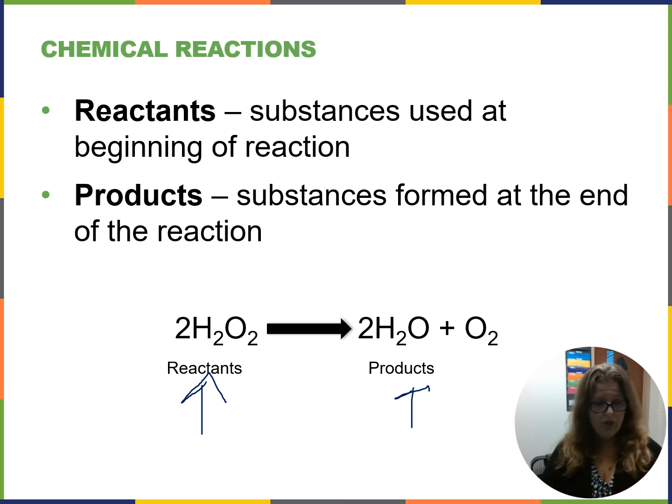And if you've ever put hydrogen peroxide on a cut or a scrape, or maybe you did a potato enzyme lab, you'll actually see a bubble, and people get all excited. Oh, it's cleaning it. That's not what's happening. What's happening is you have an enzyme that's actually going in and breaking the hydrogen peroxide apart.